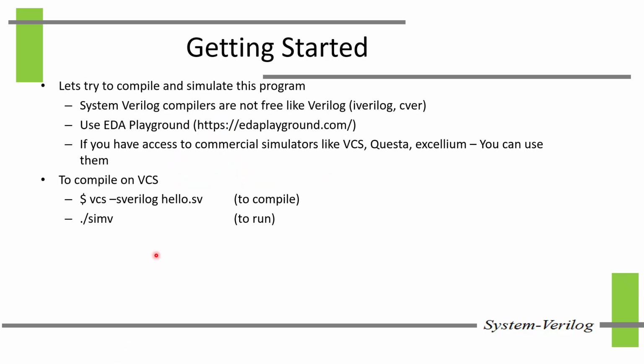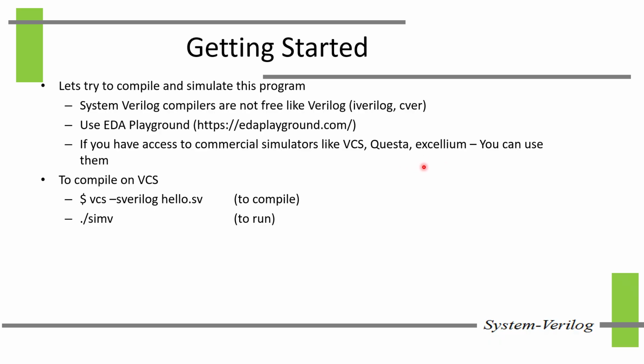Now let's understand how to compile our first Hello World program. See, Verilog simulators are available as free tools like iVerilog and Icarus. But SystemVerilog compilers are not really free like Verilog. Some of the most commonly used commercial simulators in the semiconductor industry are VCS, a Synopsys tool, then Mentor Siemens Questasim, then Cadence Xcelium.